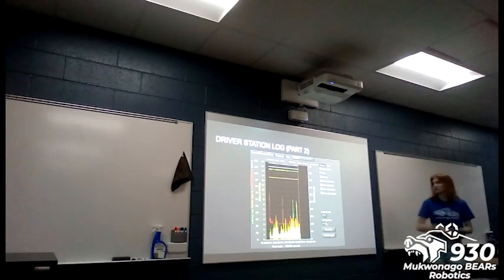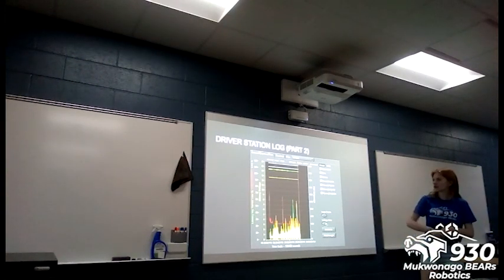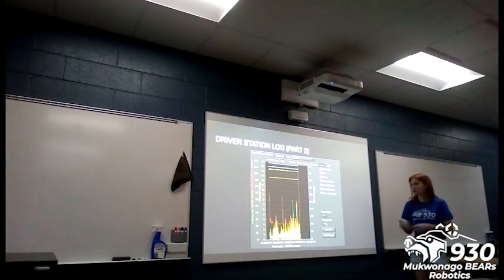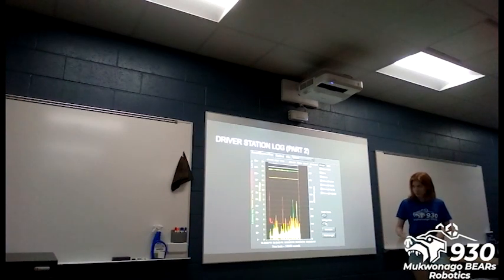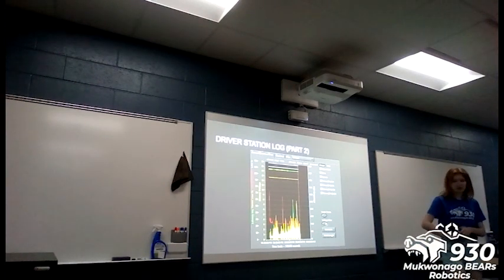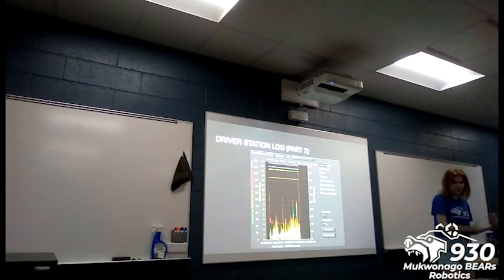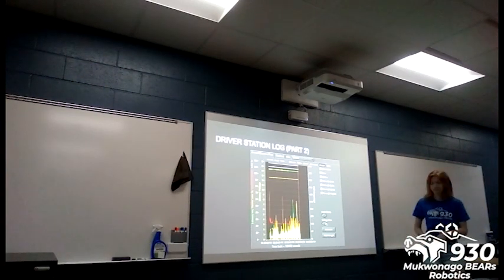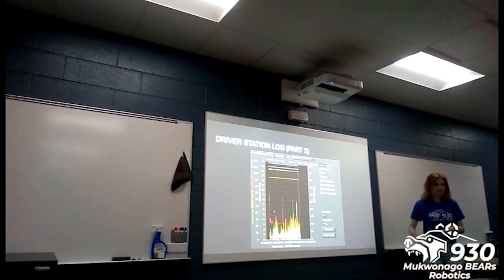Alright, a deeper look into the driver station graph. Here we have different lines like latency MS, which is how long it takes data to be sent over computer networks. We have packet loss, which is packets are the packs of data being sent over computer networks, and packet loss is when those packets are lost.